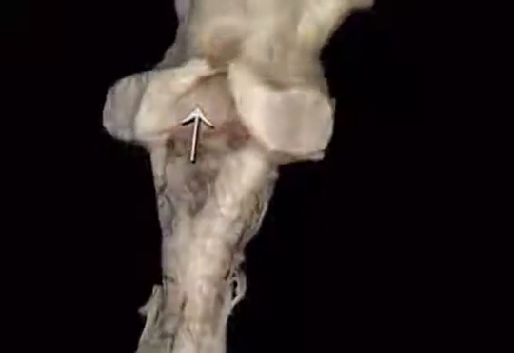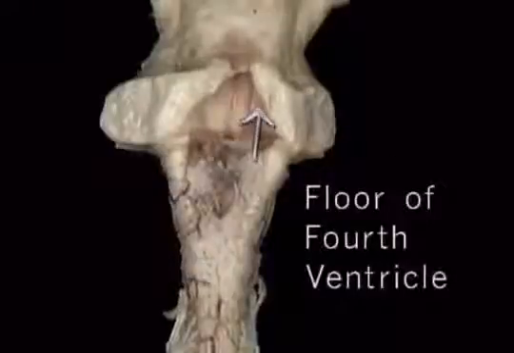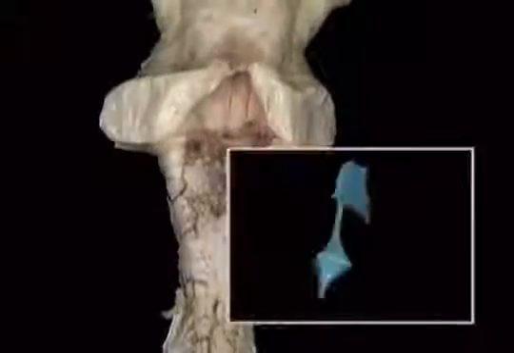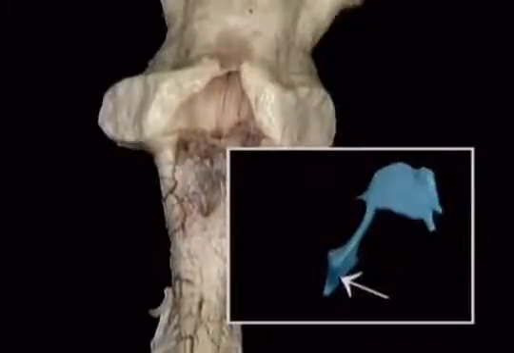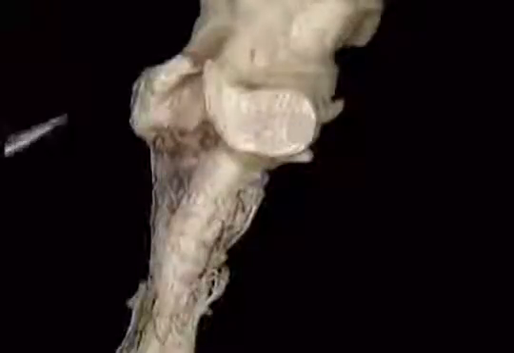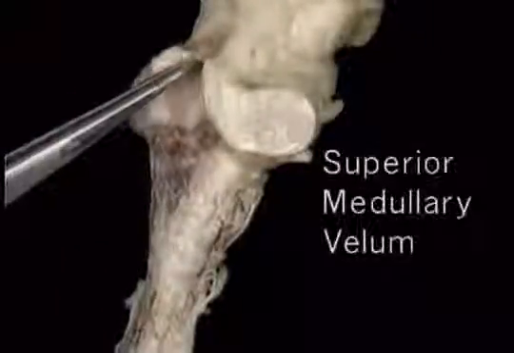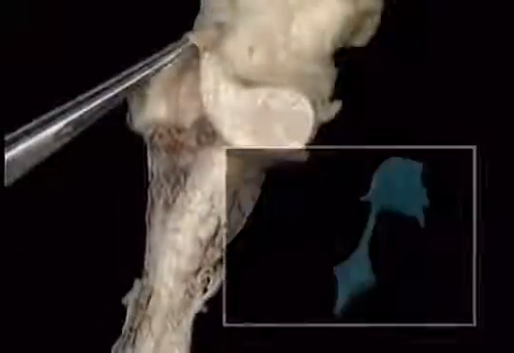The back of the upper part of the medulla forms the floor of the fourth ventricle. On the model, this is the fourth ventricle, this is the floor. This arch of tissue is the superior medullary velum, which forms the roof of this part of the ventricle.